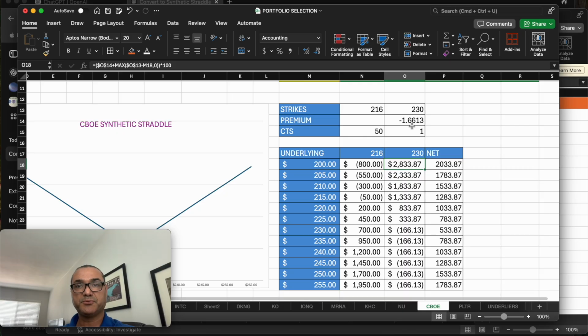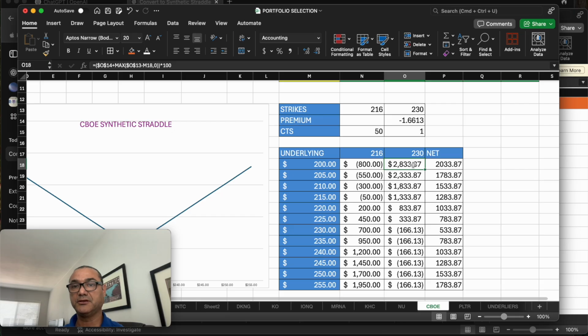So the cost of the put was 166.13 plus the max of the strike price minus the underlying, and then that'll give me a total value, actually P&L, for the option at the corresponding prices. So at an underlying of 200, there's my profit.